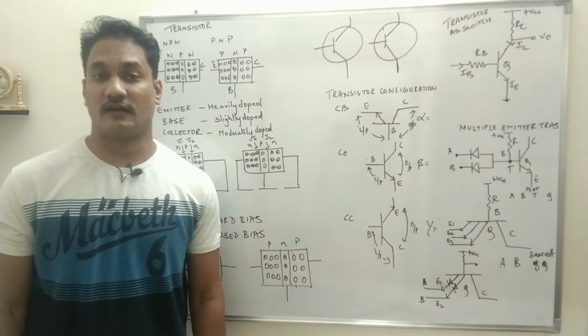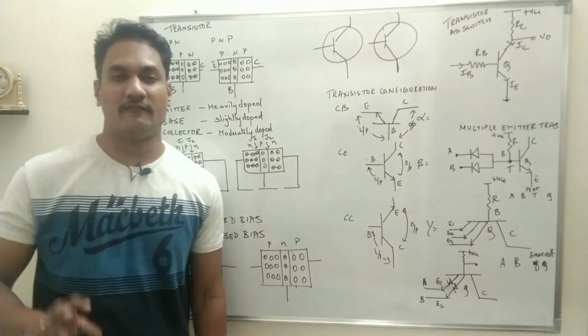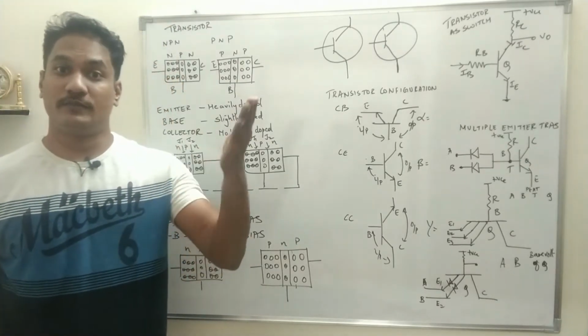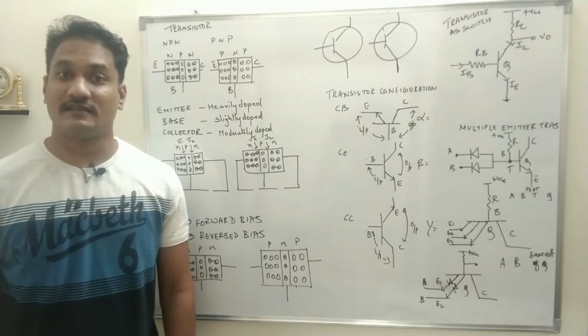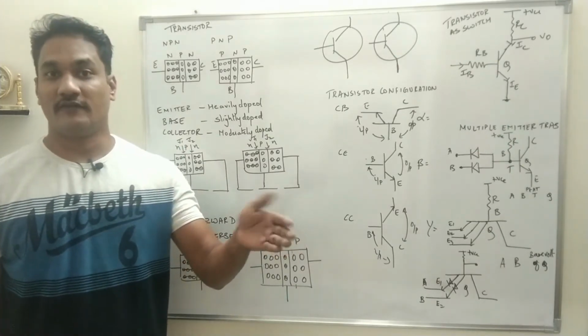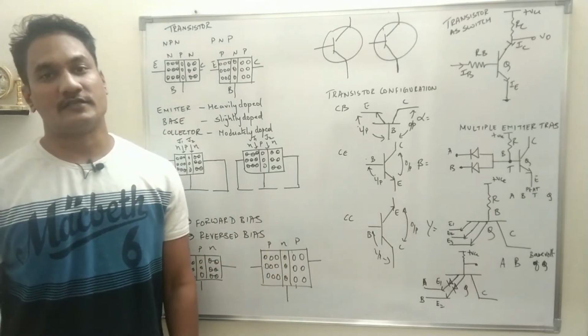That condition is called reverse bias of a PN junction diode. So that is what we have studied about the PN junction diode, and how it can be used as a switch. If it is forward biased, it is an on switch because current is flowing. If it is reverse biased, no current is flowing, and the diode works as an off switch.